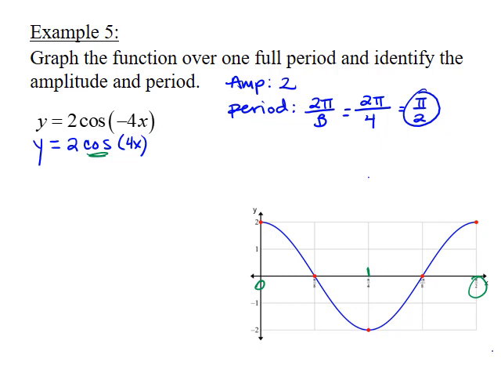And then half of a fourth, of means multiply, is pi over 8. So you can think of this as pi over 8 intervals. This is 1 pi over 8, 2 pi over 8, 3 pi over 8, 4 pi over 8, and then reduce it as needed.